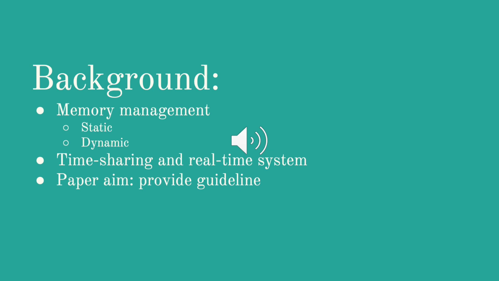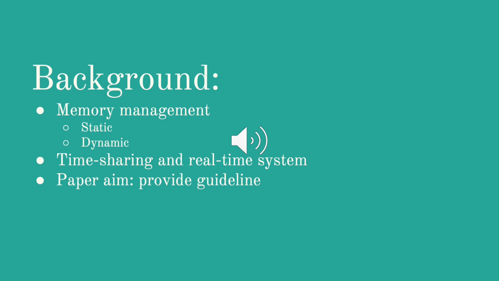So the developers of real-time systems avoid the use of dynamic memory management because they are afraid that the worst-case execution time of the dynamic memory allocation routine is not bounded, or is bounded with a large bound.